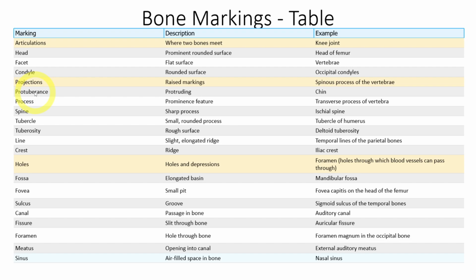Protuberance, so we saw that in the jawbone. It's something that protrudes, the chin, mental process. A process is a prominent feature. It's kind of like a hill. So protuberance is raised, protruding, kind of hilly. Process, just about the same thing.